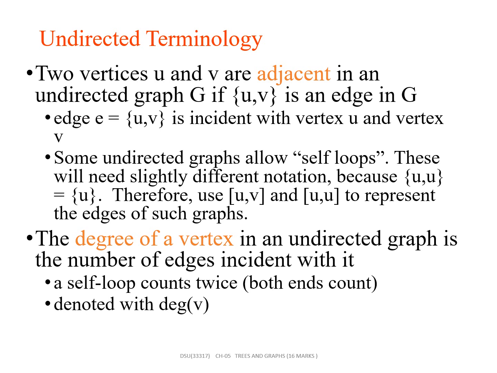These need slightly different notation because (U, U) is equal to U. Therefore, (U, V) and (U, U) represent the edges of such a graph. The degree of a vertex in an undirected graph is the number of edges incident with it. A self loop counts twice. It is denoted deg(V).